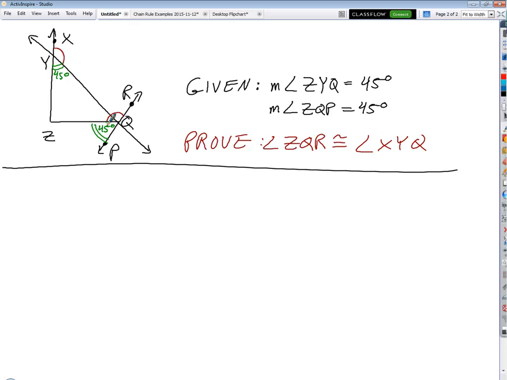Because if angle XYQ is supplementary with this 45-degree angle, and angle ZQR is supplementary with this 45-degree angle, and we could just show that those two 45-degree angles were congruent, which is pretty easy to do, then how could we justify the proof? The last statement would just be that the two red angles are congruent. Why? What would be that last step?